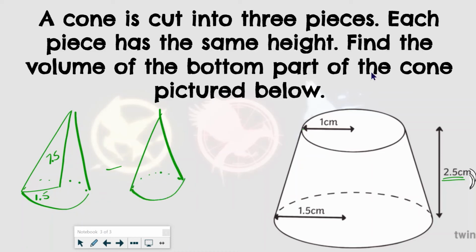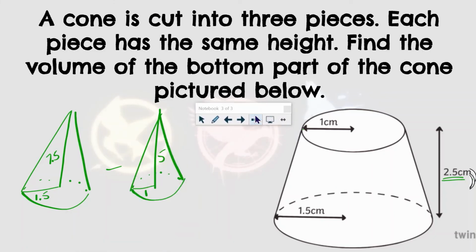Which has to be 5 centimeters, that's the remaining 5 centimeters there. And it has a radius of 1 centimeter. So we're going to find the volume of each of those and then subtract those. That'll leave us with this remaining volume. That's the bottom third portion there.